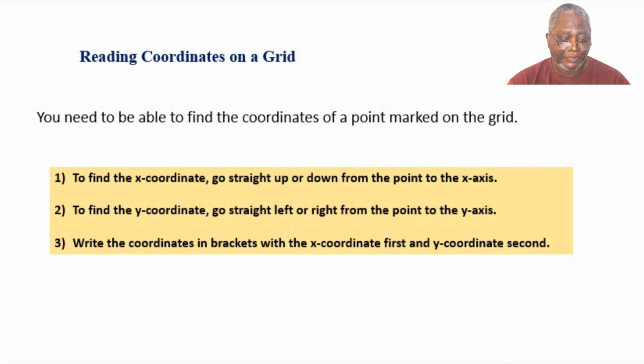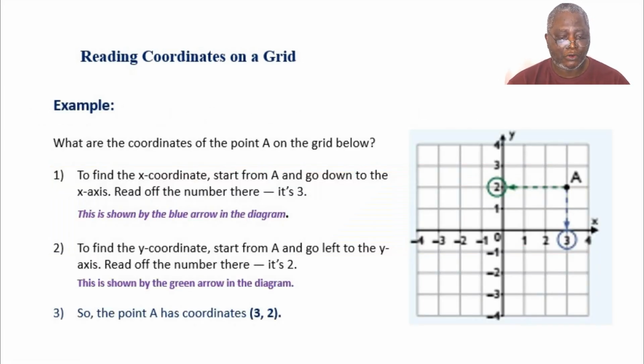And write the coordinates in brackets with x coordinate first and y coordinate second. Learn these rules or guidelines. Example. What are the coordinates of the point A on the grid below? To find the x coordinate, start from A and go down to the x-axis. Read off the number there, it's 3.